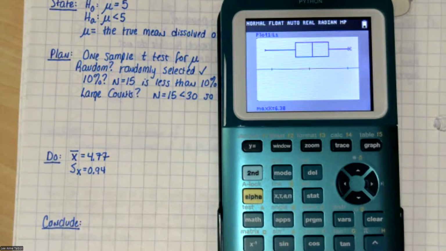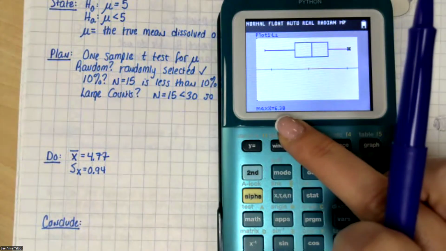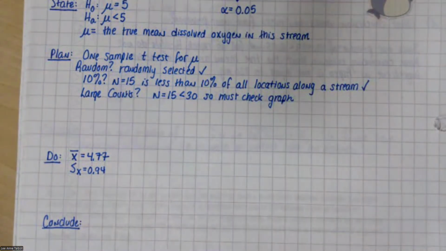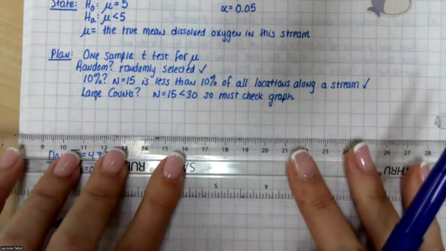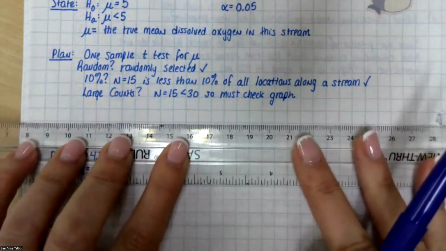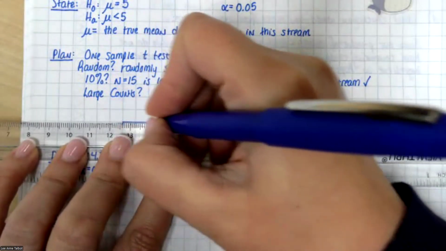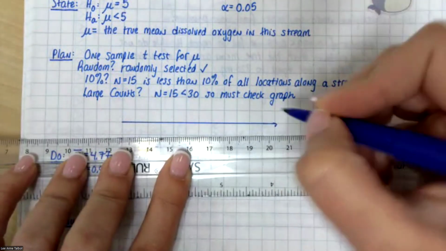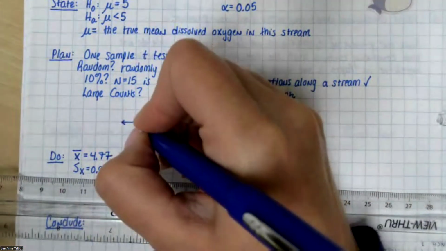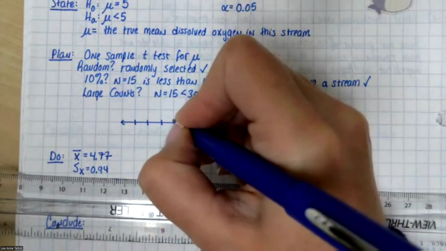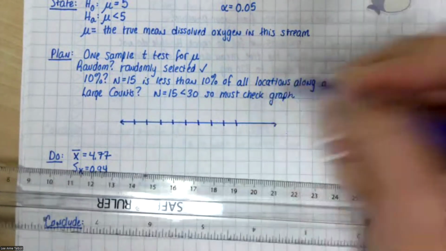So I'm going to start at 2.5 and go to 6.5, and I'm going to go by 0.5s on my graph paper. So your x-axis has to be consistent. So you use the trace feature to help you decide a scale: 2.5, 3, 3.5, 4, 4.5, 5, 5.5, 6, 6.5.